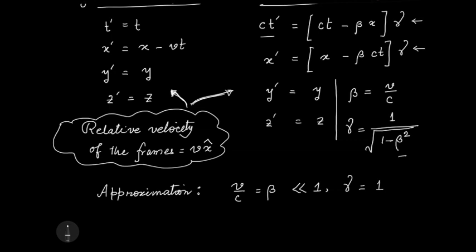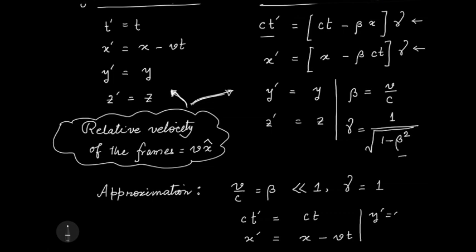And if I write the Lorentz transformations now in this limit, you see the first equation becomes ct prime equals ct minus beta x times gamma. Beta is very small, so it's like 0, so it need not be written. Gamma is 1, so ct prime is ct, which is nothing but t prime equals t. And x prime is x minus, well, beta is v by c, c cancels out, so x minus vt, and the entire thing times gamma, which is 1, so x prime is x minus vt.